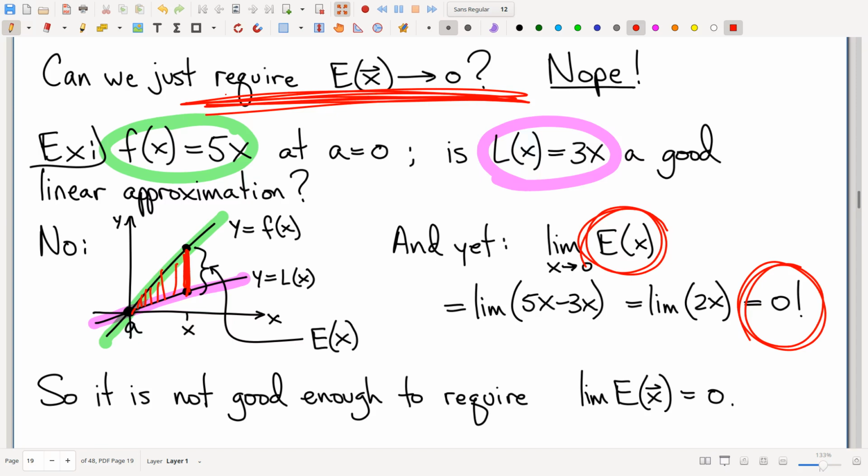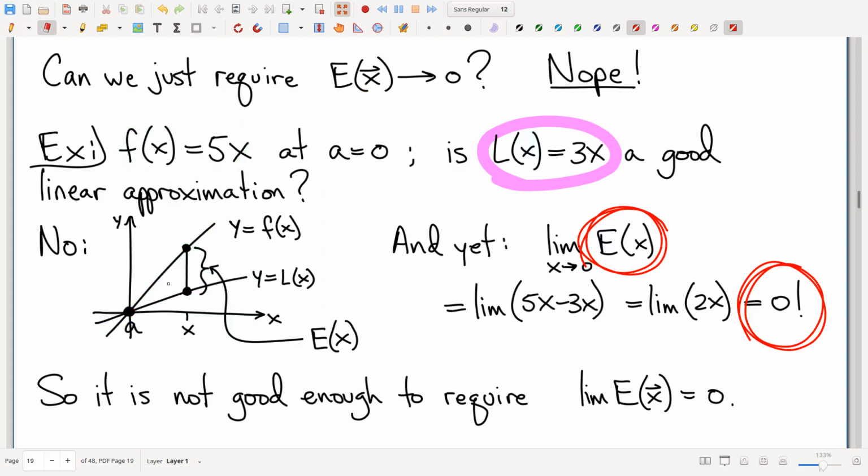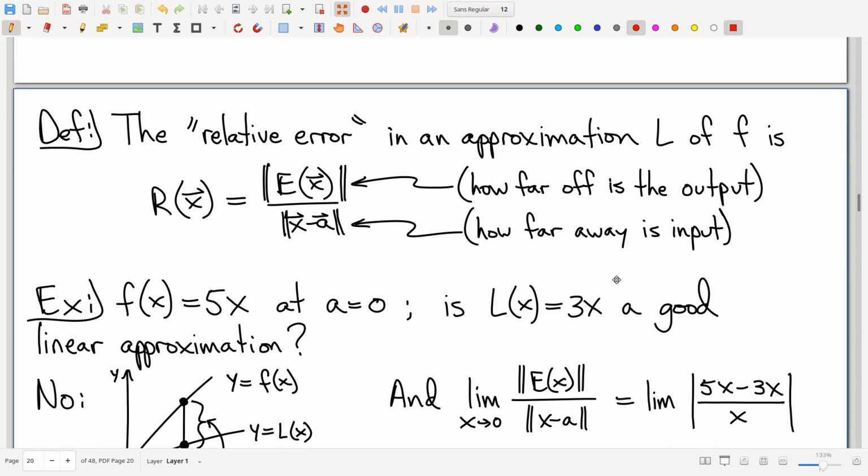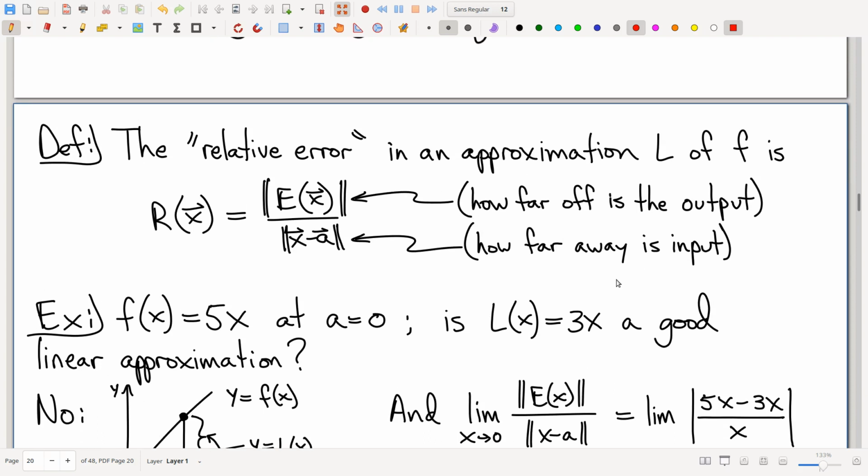This clearly bad attempt at linear approximation satisfies my naive rule. That means my naive rule is insufficient. It's not good enough. Okay, how are we doing? Is everybody on board with that? Okay. All right, so I'm going to take another attempt. I'm going to describe something called relative error.